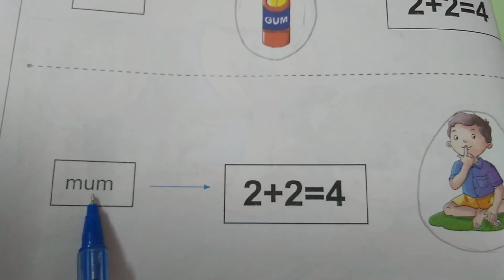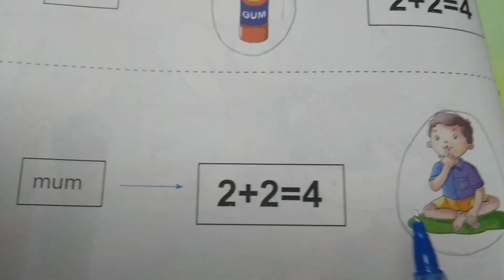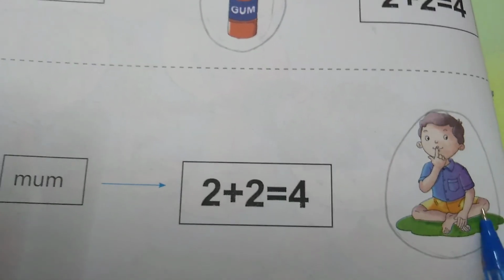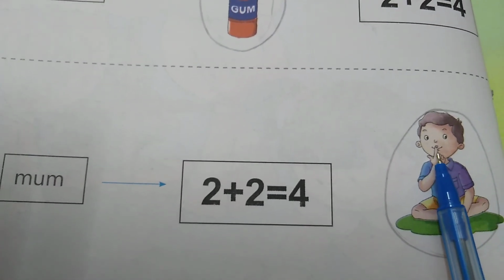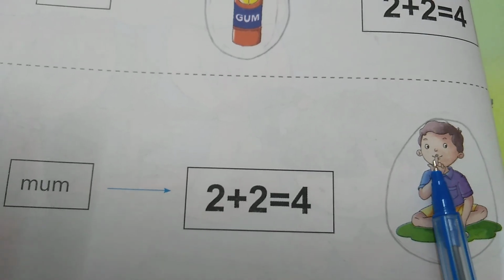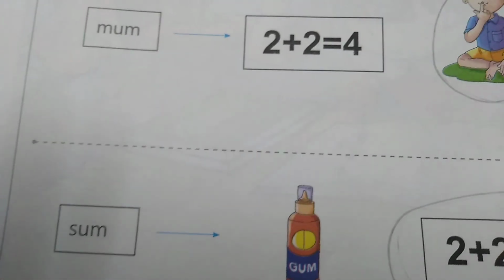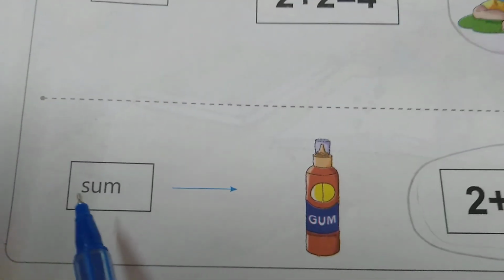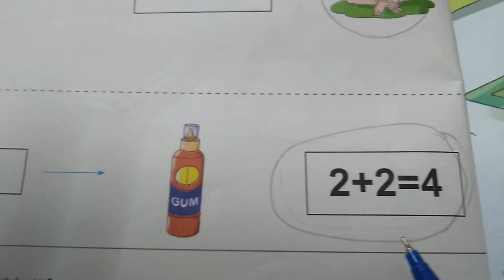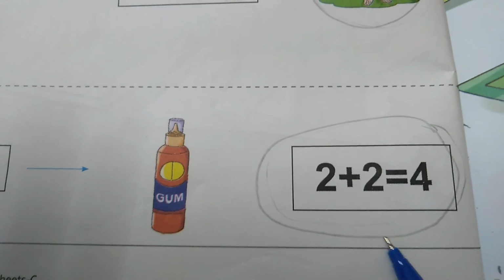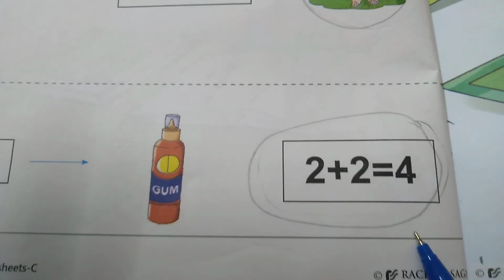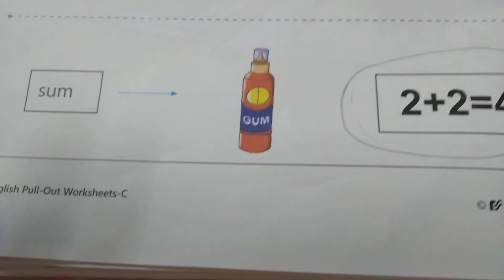Circle this one. This is M-U-M, mum. This is the correct picture. A boy is keeping finger on his lips. Circle this one. S-U-M, sum. For sum, put tick mark. Circle this one. This is the sum.